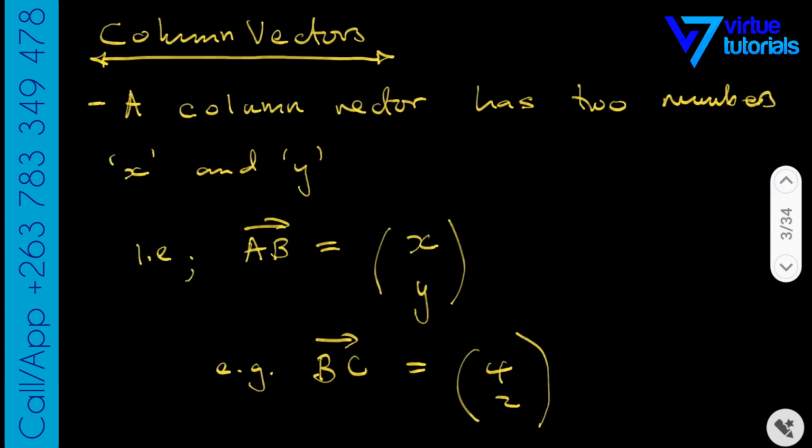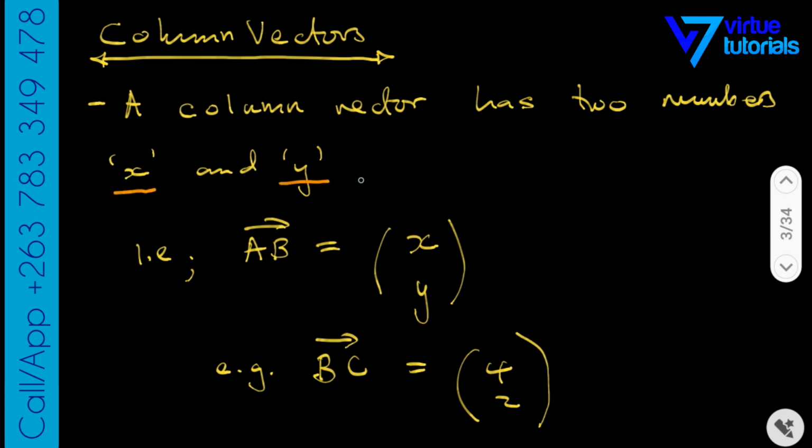Right, so let's look at column vectors. There are different ways in which you can have vector expressions, and one of them is representing vectors as a column consisting of two numbers. So a column vector has two numbers, and we're just going to refer to those numbers as x and y.